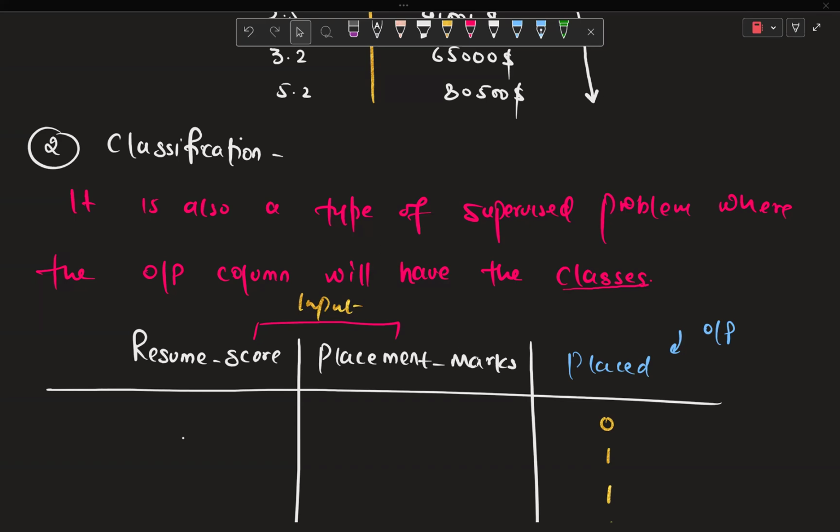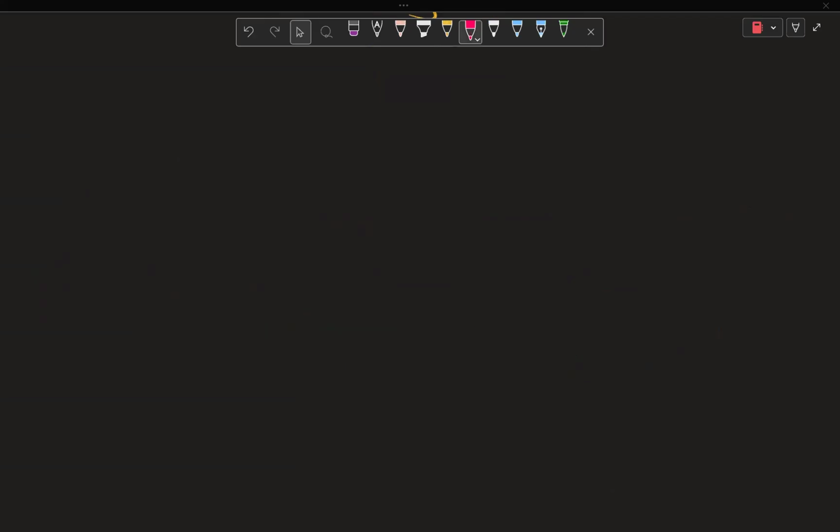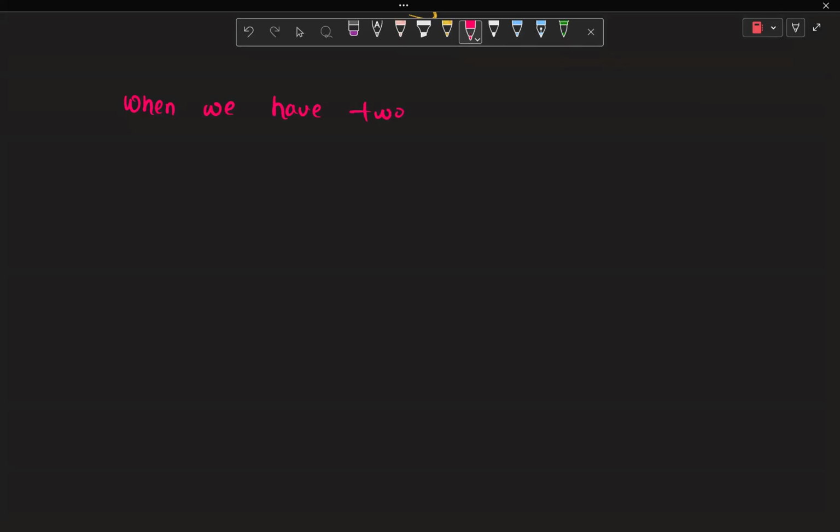Listen. If you talk about classification, you have two types. When we have two classes, say 0 and 1, it is called binary classification.